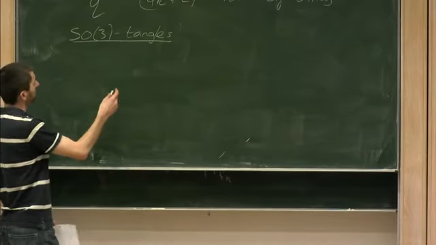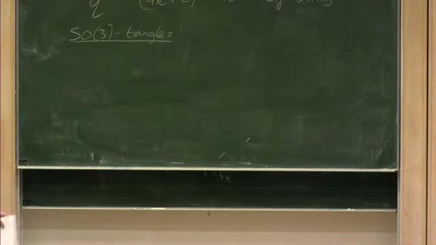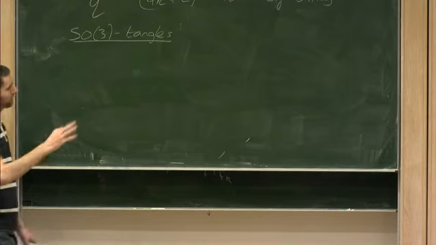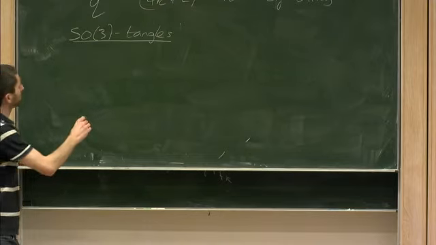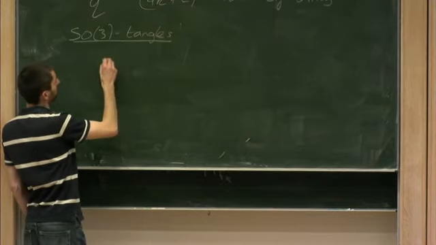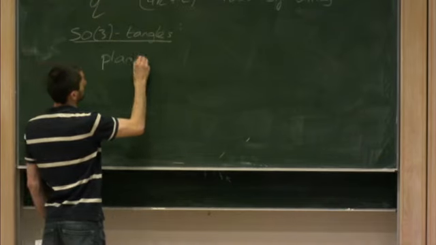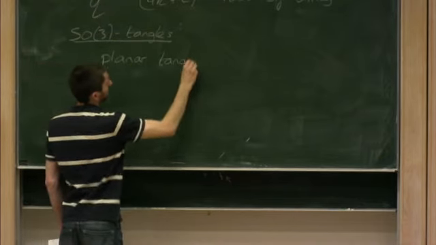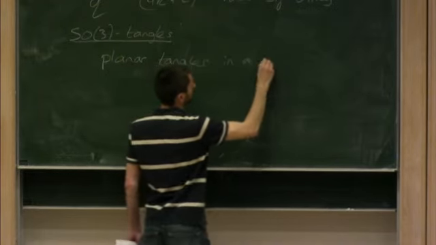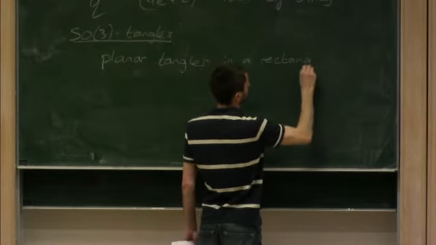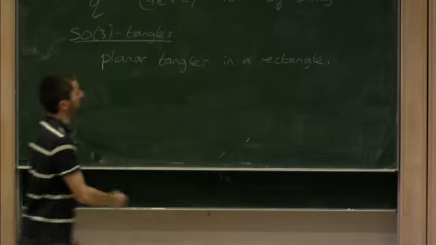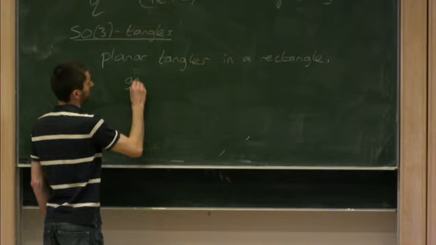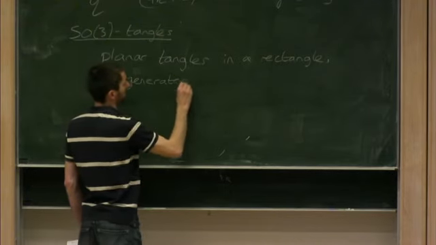So these are planar diagrams in a rectangle, so one would have a fixed number of vertices along the top and along the bottom of the rectangle, and then you connect these vertices up with strings in a planar way. But we also have a trivalent vertex.